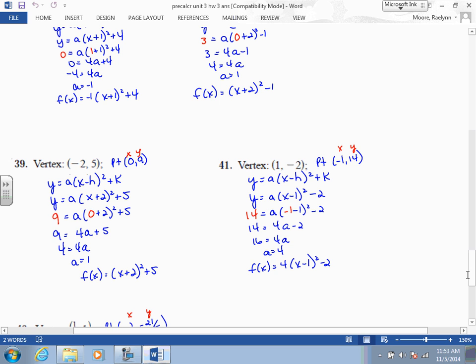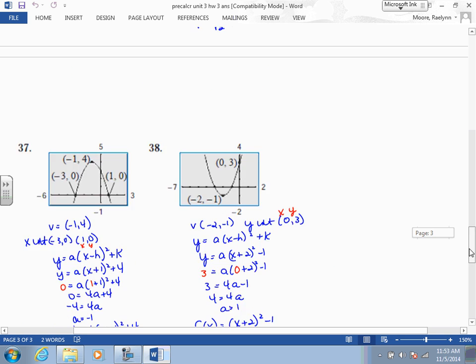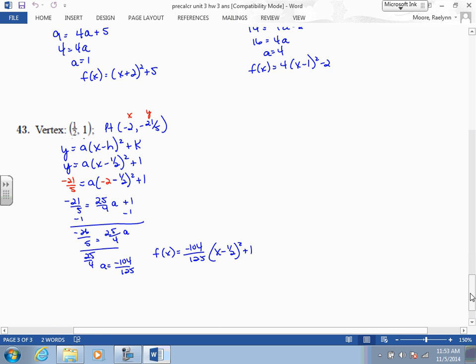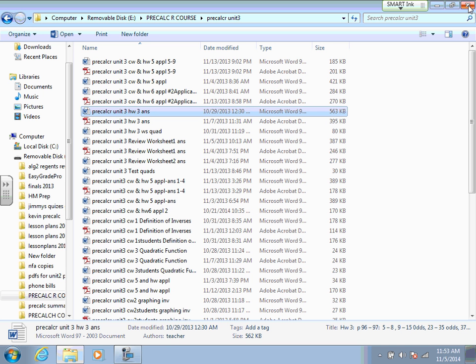For 39, use the point 0, 9. For 41, use the point -1, 14. And the last one, use the point -2, -21/5. And yes, you get a very ugly looking fraction, but I want you to work that out with a fraction in it. Okay?